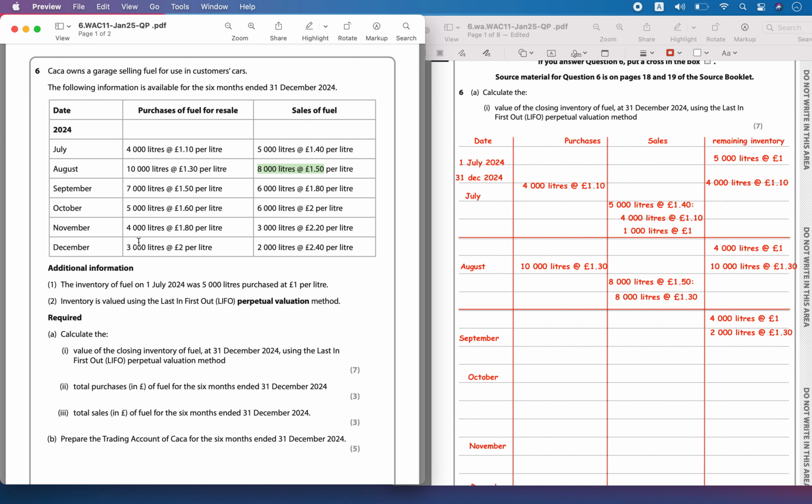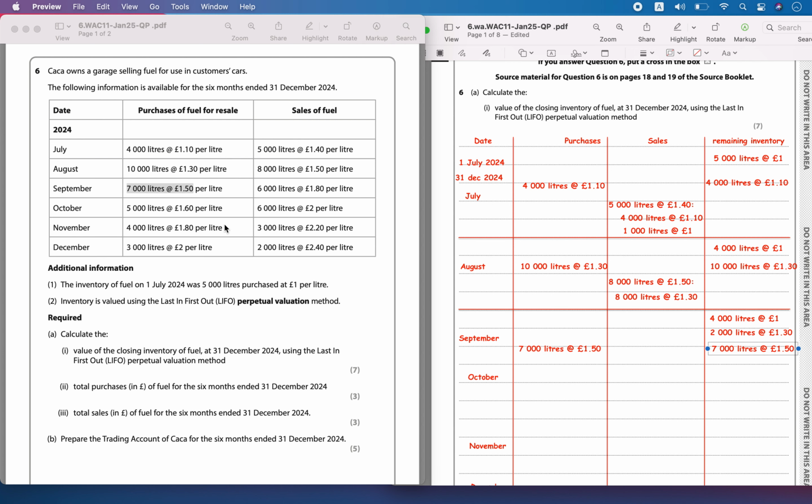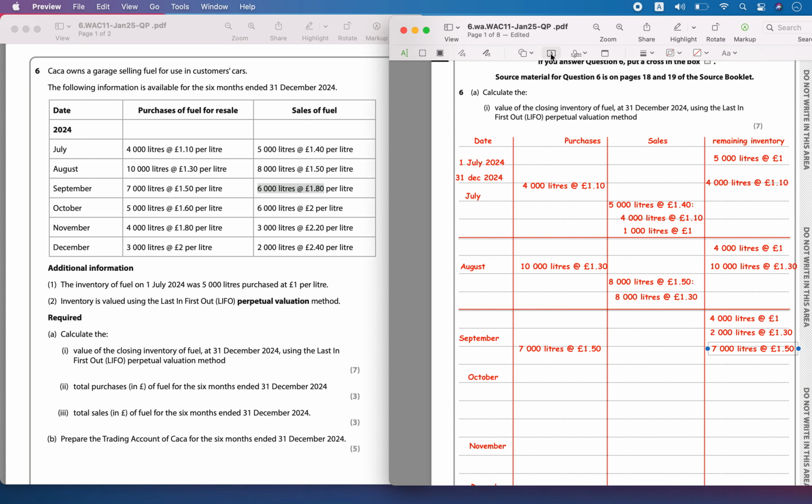Now in September again 7,000 at 1.50 was purchased, and this also enters the system. Now we have to sell 6,000 liters of petrol. At what rate will you be issuing? You will not issue at 1 because it's a very different value; you will issue from the last, LIFO.